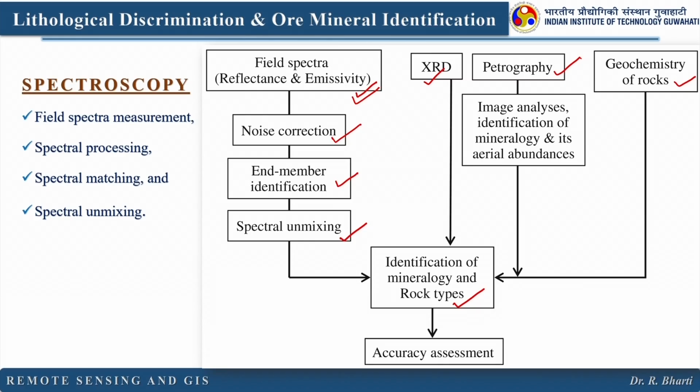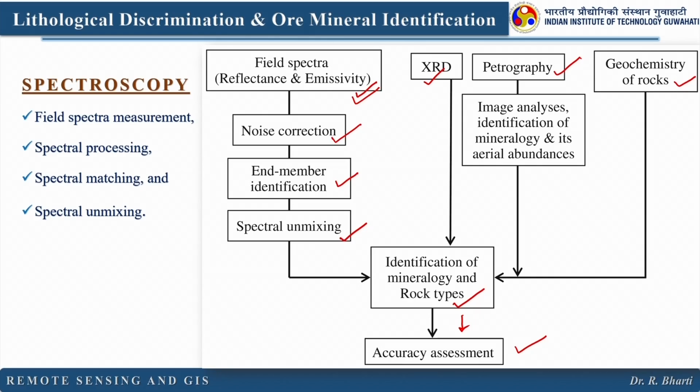So, that is why all these conventional techniques were used to prove that this field spectroscopy result is good. After combining everything, we analyzed all the data sets, and we have also produced the accuracy. This is from a published paper which is listed in the previous slides.